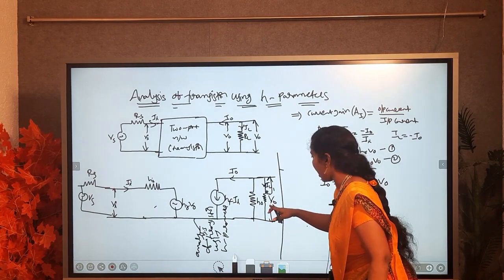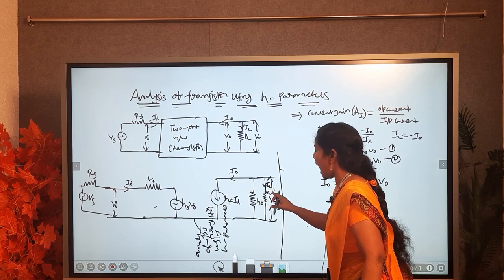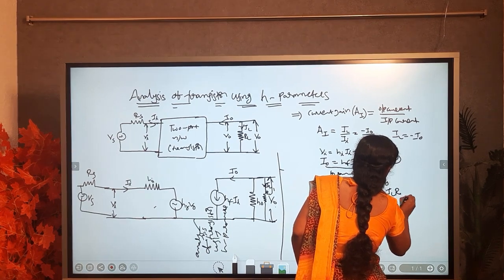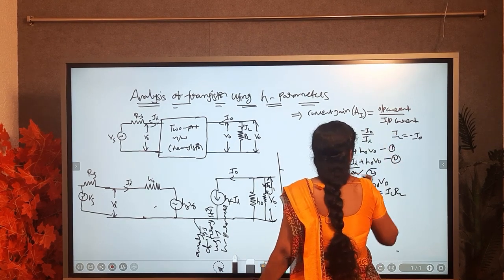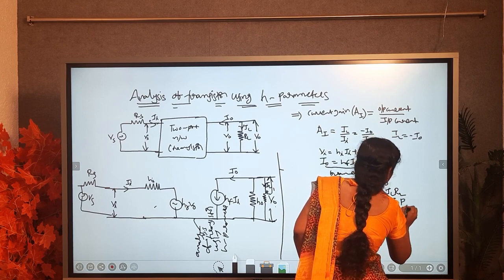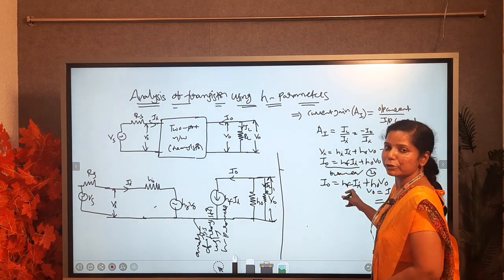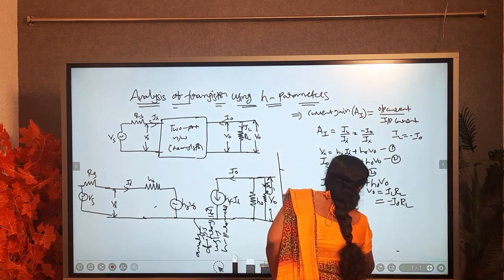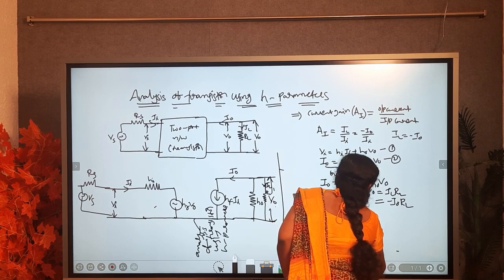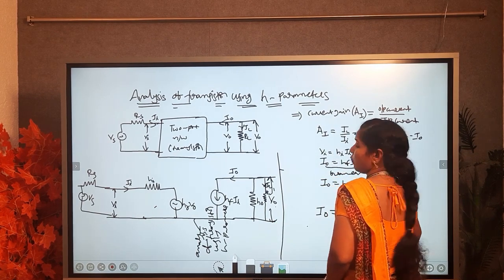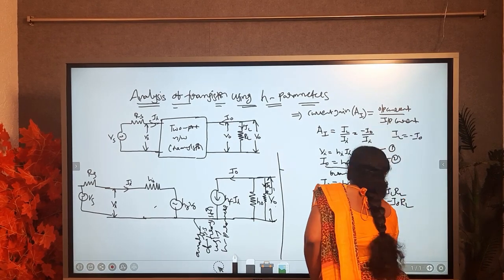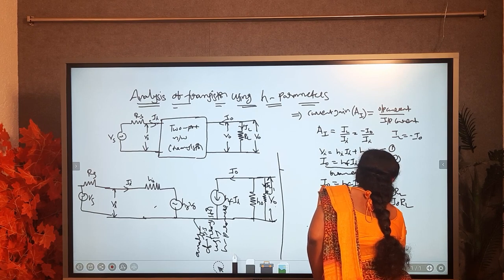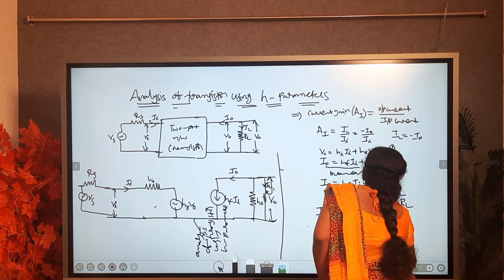V equals IR, where I is IL and R is RL. Therefore V0 equals IL into RL. We know IL equals minus I0. So substitute V0 in equation number 2. Therefore I0 equals Hf into Ii plus H0 into V0, which means minus I0 into RL. So I0 equals Hf into Ii minus H0 into I0 into RL.